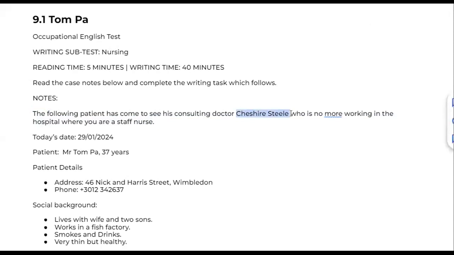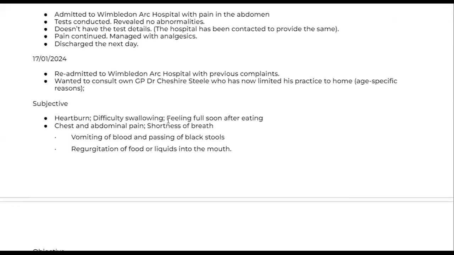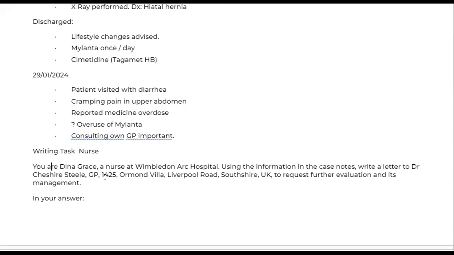A patient is coming today. Then let's find out the patient, doctor here. You are Dina Grace, a nurse at Wimbledon Arc Hospital, where this patient came today. Wimbledon Arc Hospital is your hospital where you are working, where Dr. Cheshire Steele used to work. Using the information in the case notes, write a letter to Dr. Cheshire Steele, GP.